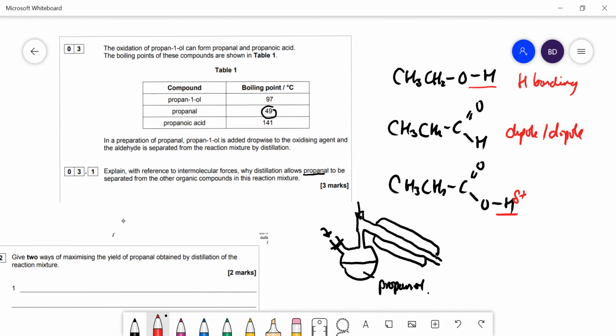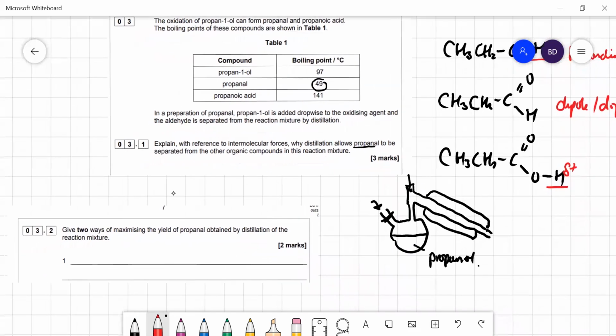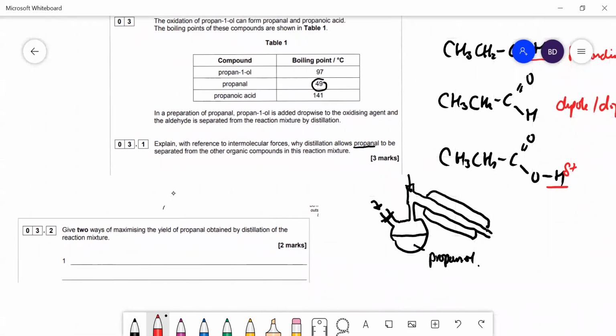Right, 2 ways of maximizing the yield of propanal obtained by distillation of the reaction mixture. Well, the first one is reasonably obvious, and what you should do is, there's my thermometer there, you should keep that less than 97 degrees C, because if you don't, you're going to get your reactant distilling over and it won't have a chance to react. That is the obvious one.